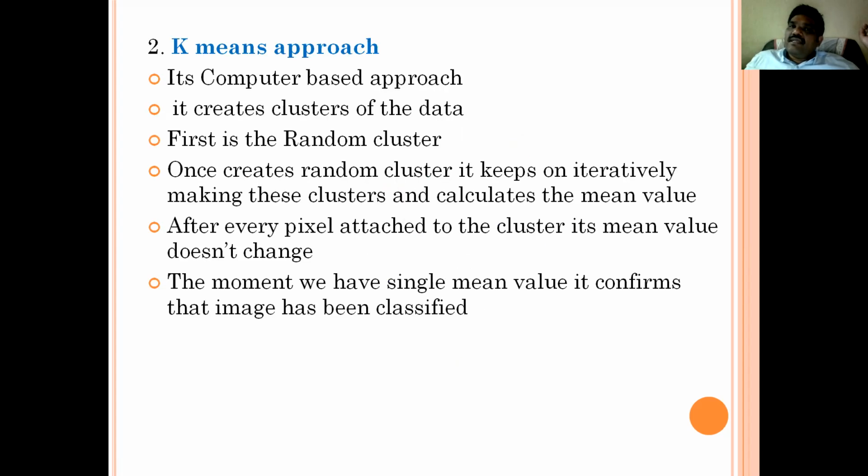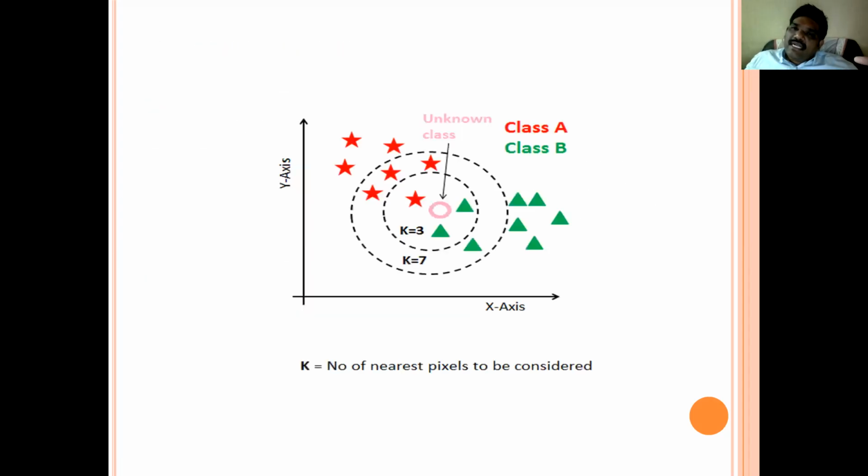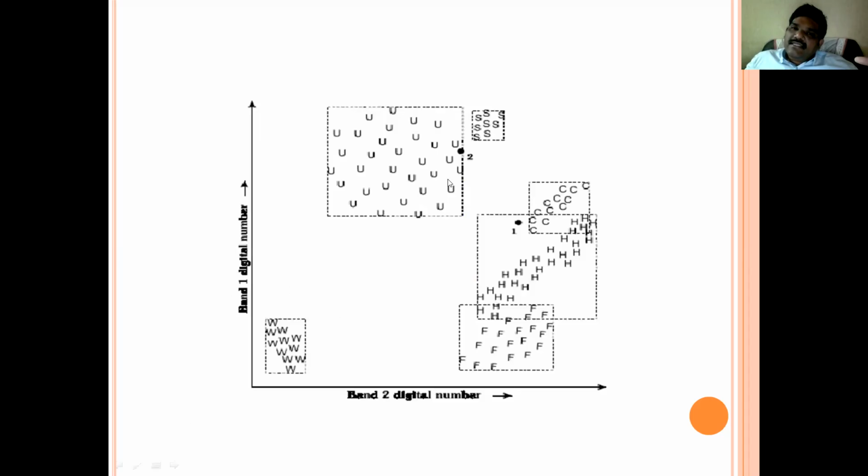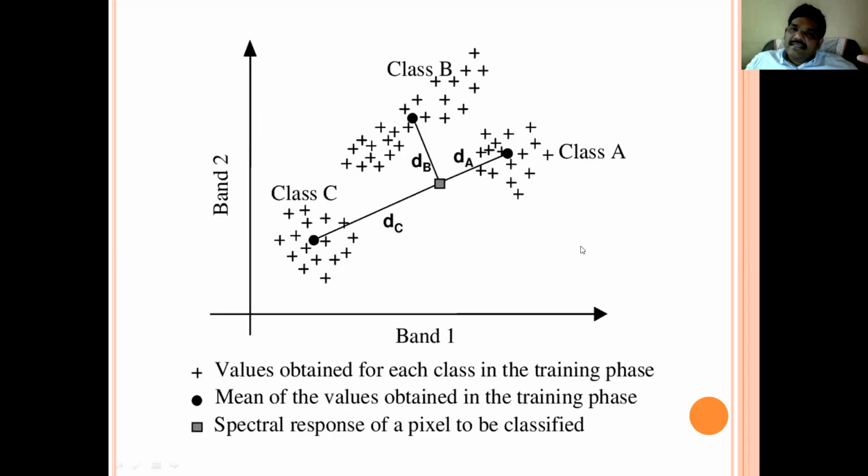Now here, K means approach. It is a computer-based approach. It creates clusters of the data automatically. These are the clusters, nothing but classes.